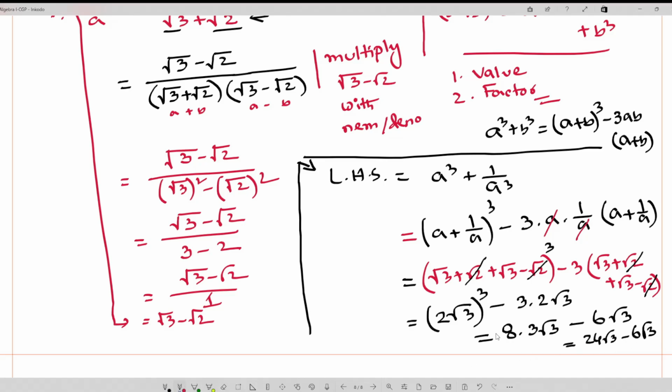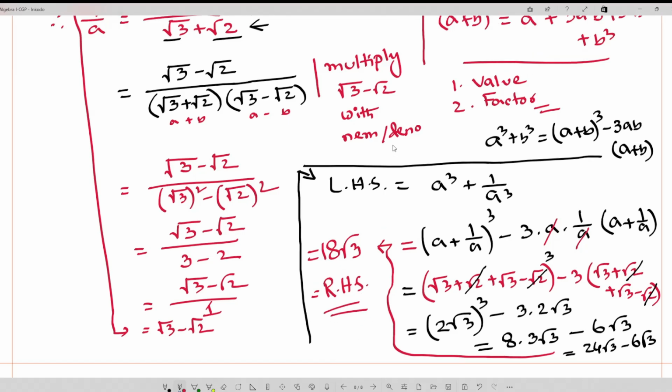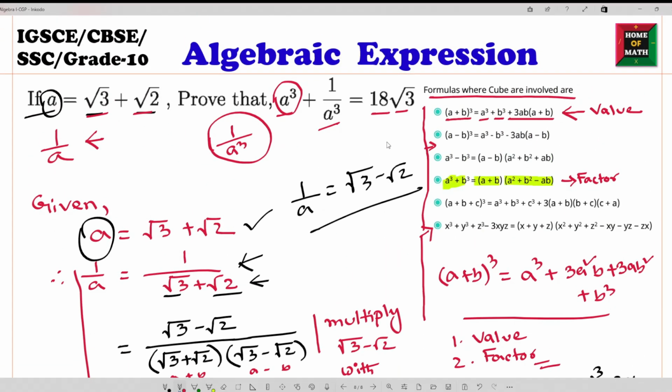Now look, 24 root 3 minus 6 root 3 means 18 root 3, which is the right hand side. Clear? This is very important math for examination. So our question answer is done.